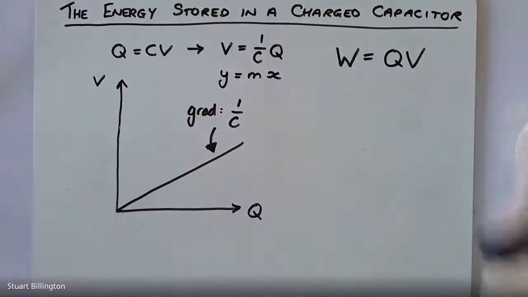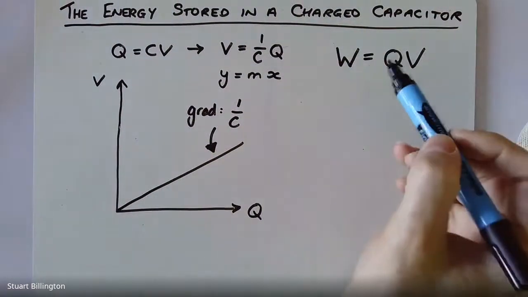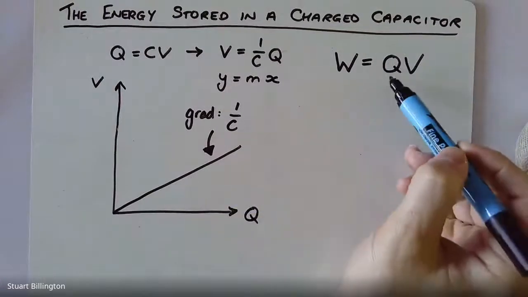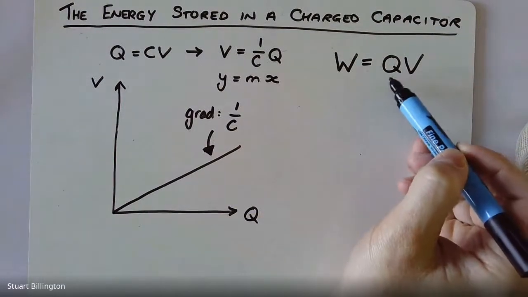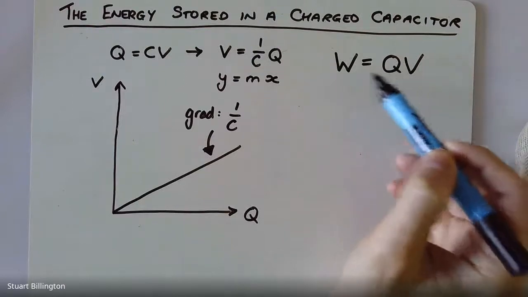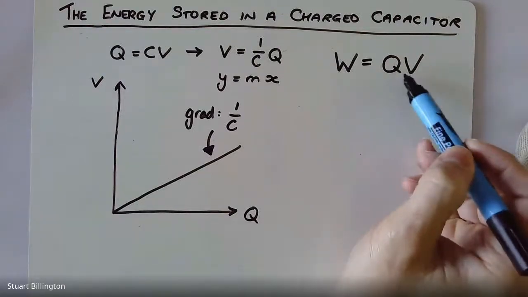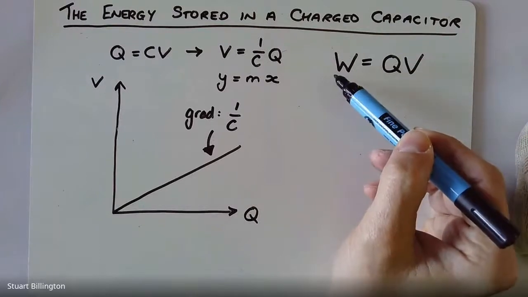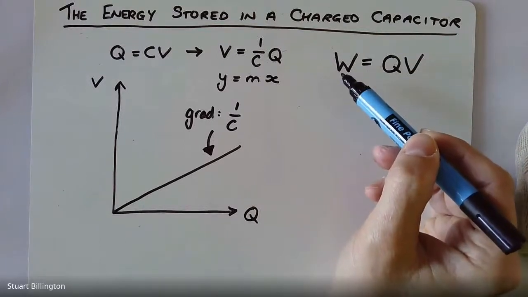This graph over here has V on one axis and Q on the other axis. And what we're saying is that if we multiply the two together, we will get the energy required to complete the change.